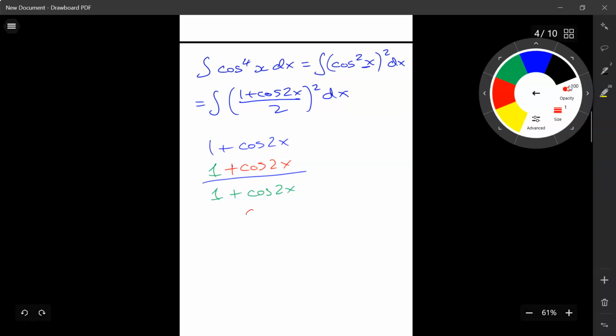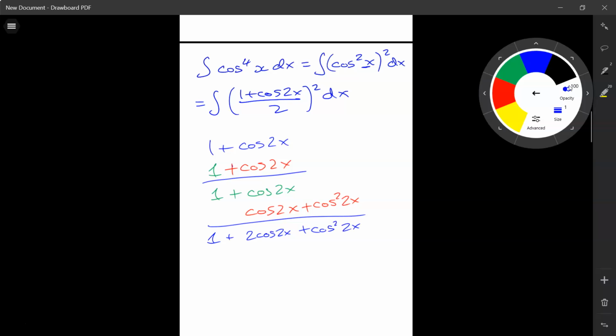And then the second row, I multiply the top row by the plus cosine 2x, and of course I'm getting plus cosine squared 2x there. So we'll get 1 plus 2 times cosine 2x plus cosine squared 2x, like so. That's the top part, and I have 2 underneath.